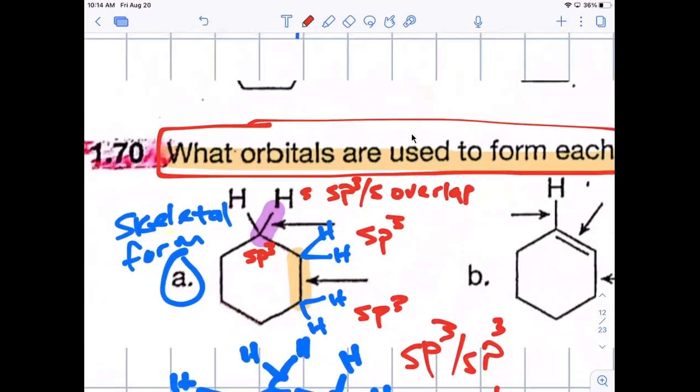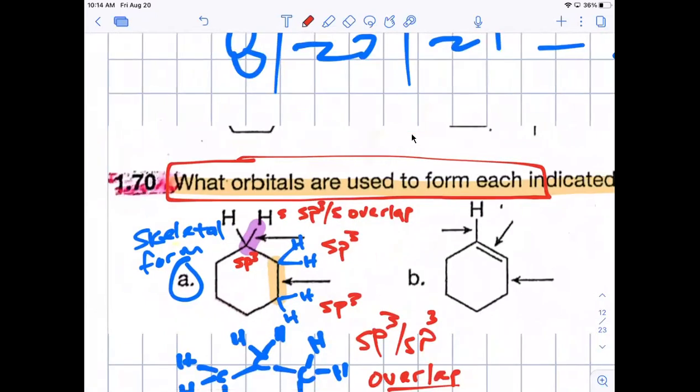Any question about anybody not seeing that? Say something. Don't get lost in the sauce. So it's sp3 s overlap because the hydrogen has 1 unhybridized s orbital. It's just an s orbital. Because remember, hydrogen has 1 electron, right?